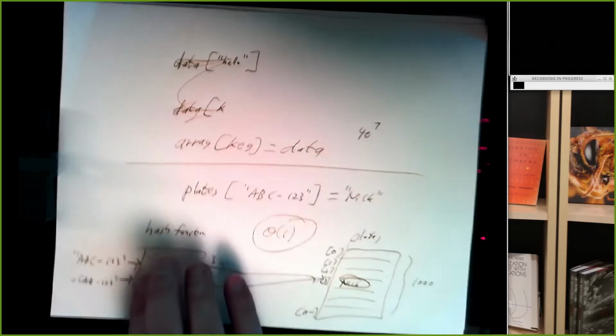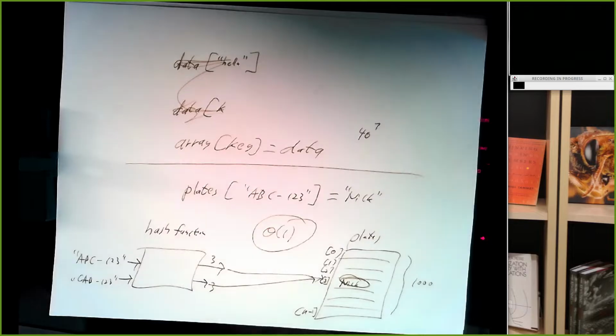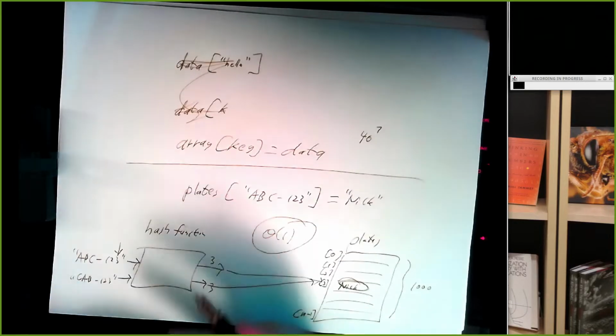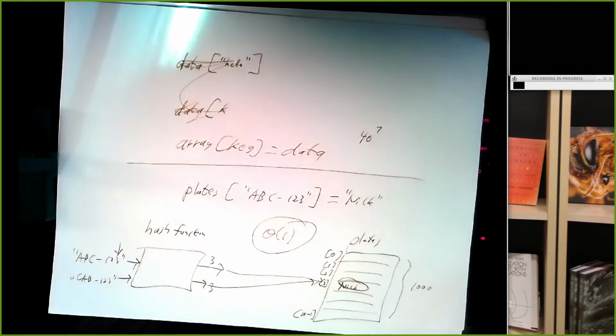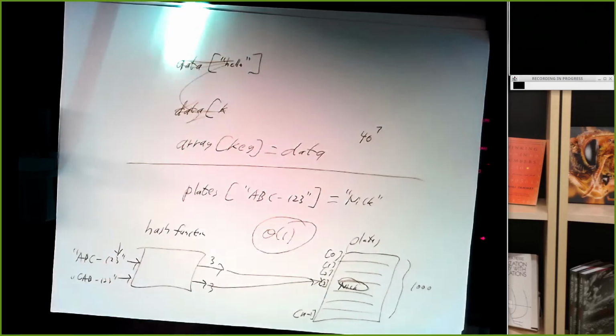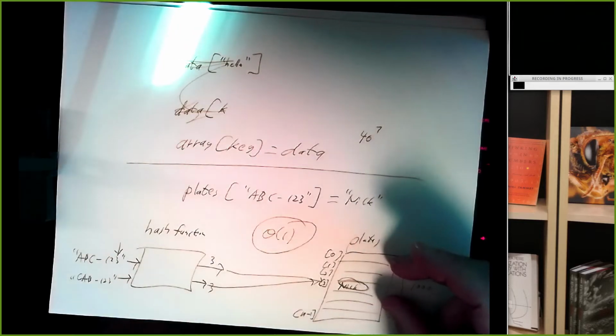But the way that we write this hash function can help to minimize collisions until we simply have too much stuff in. So maybe my hash function is just saying, let's look at the last digit, and that's where we're going to store the name. Well, that's a horrible hash function, because the last digit has only 10 possible values. I'm only going to use 10 elements in my array.